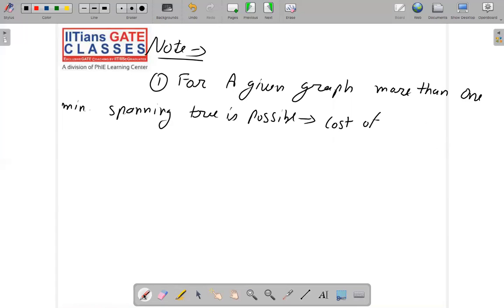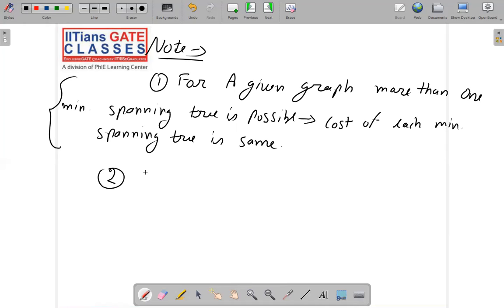I will cover that case also. In case of multiple minimum spanning trees, the cost of each minimum spanning tree is the same. Remember this: the cost of each minimum spanning tree is the same.